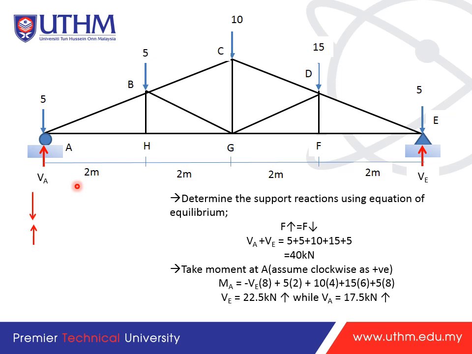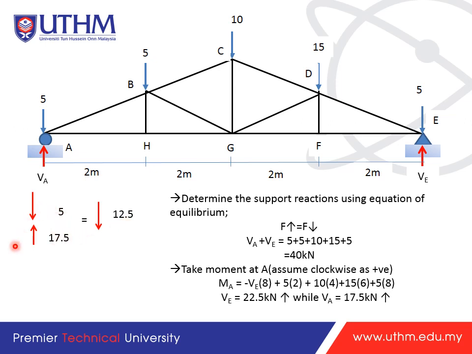So I start with these parts only. So we know this one we have external 5. And this one VA is 17.5. So to make it stable is 12.5.